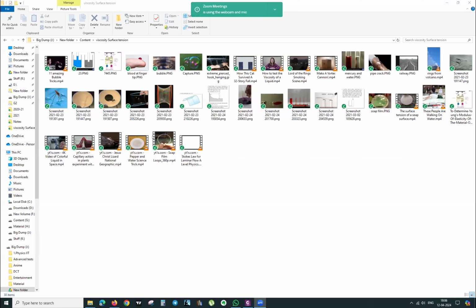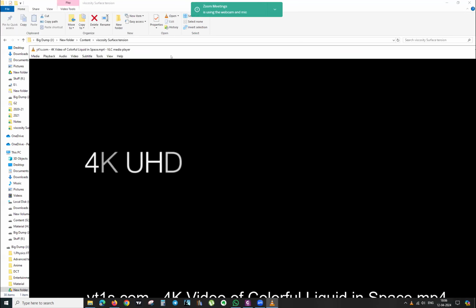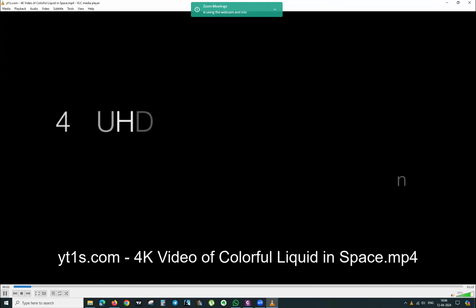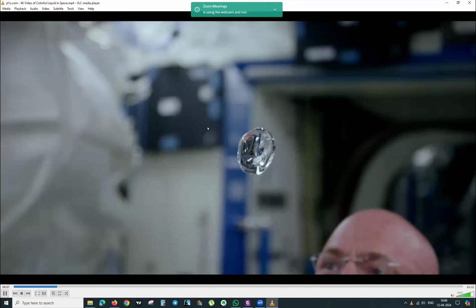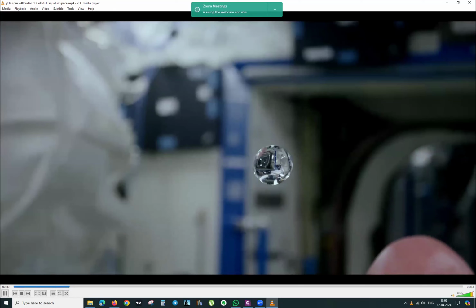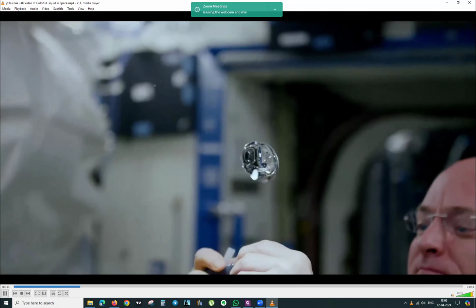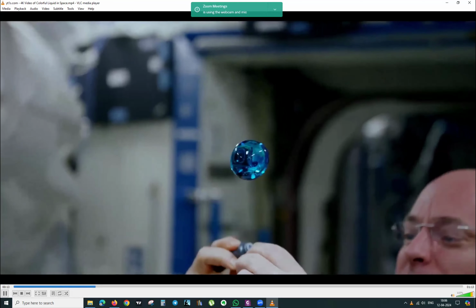Let me show you how it looks. That's the International Space Station. It is wobbling a bit.